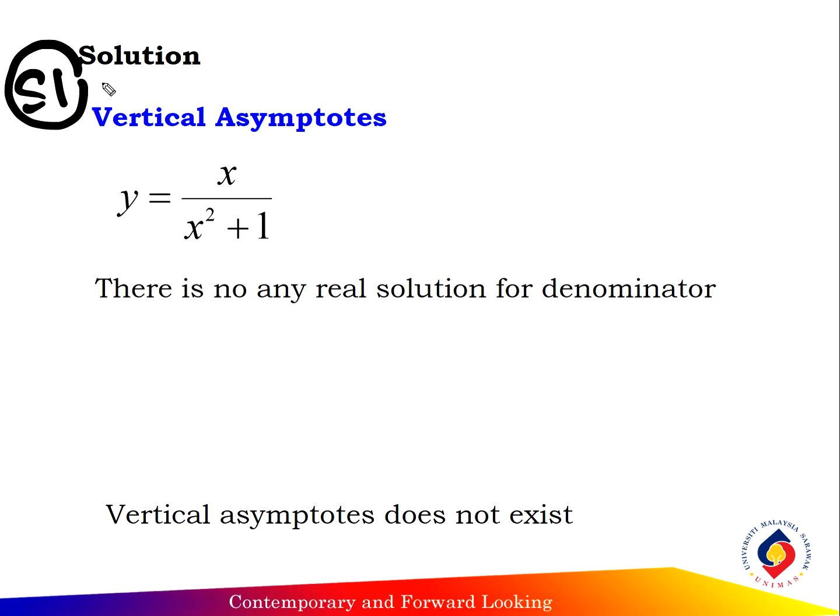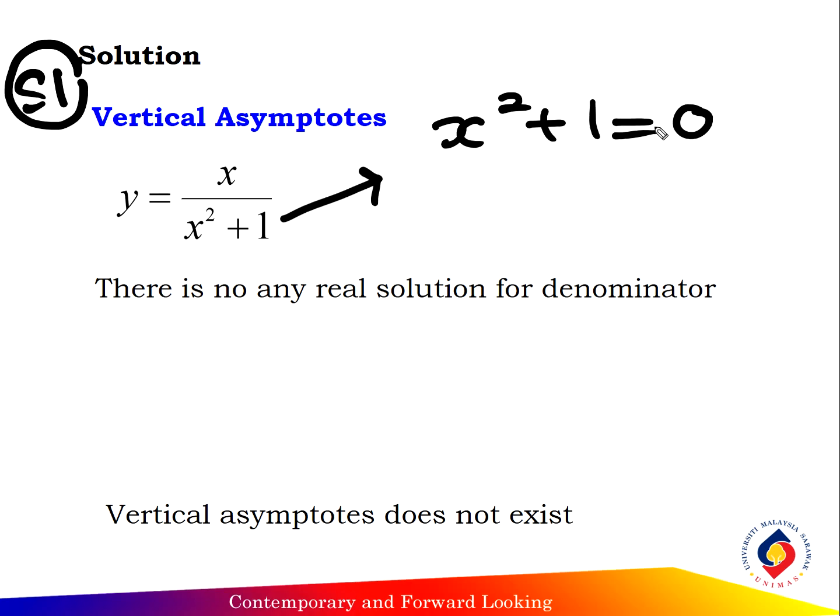Step 1: you find the vertical asymptote of the rational function y equals x over x squared plus 1. You let the denominator equal 0 and find the value of x.